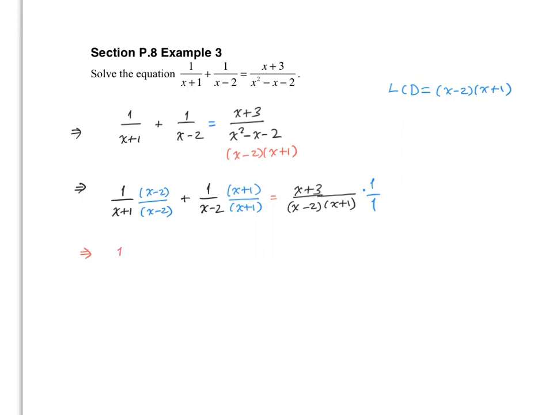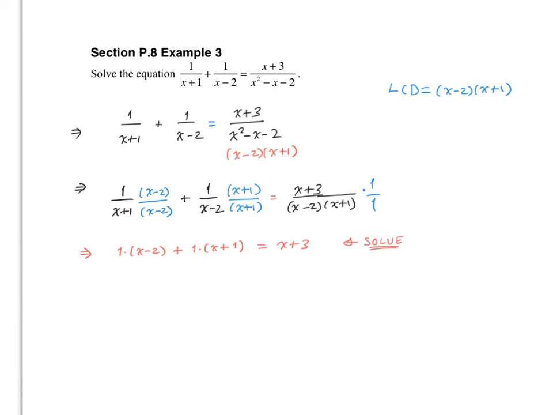So on the top you only have 1 times x minus 2 plus 1 times x plus 1 equals x plus 3, and then you just have to solve this. And so then you just solve this equation.